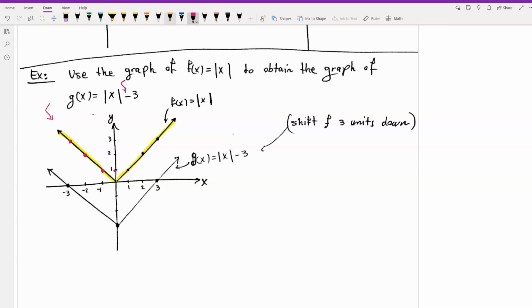So it's 1, 2, 3, 1, 2, 3. So shifting 3 units downward.